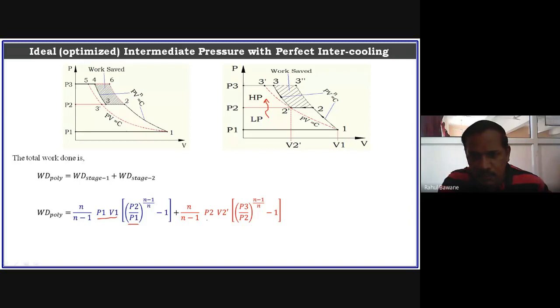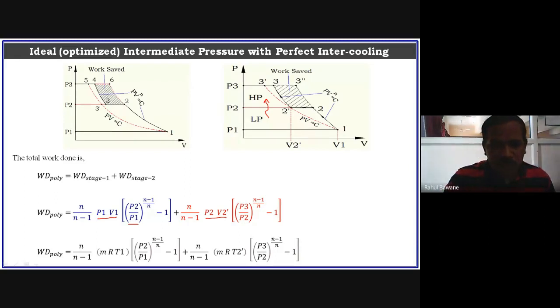With perfect intercooling, this time our intake is P2 V2 dash. And what is the pressure ratio? It is compressing from P2 to P3, so the pressure ratio is P3 upon P2. The remaining formula we know, that is (n minus 1) upon n, minus 1. So these are the 2 stage compression ratios.